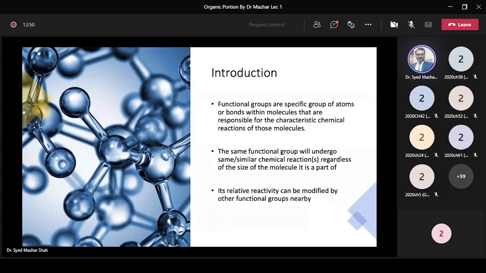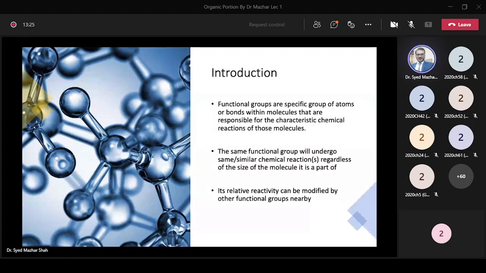So even if we compare size and chemical reactions, whether we have butene, propene or pentene, in every one of these molecules, if we add, let's say, HCl or HBr, what will happen? One of the hydrogens and one bromine will add to the carbon atoms that are making the double bond with each other.